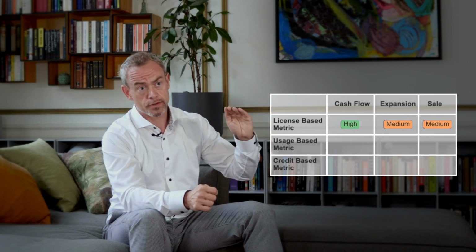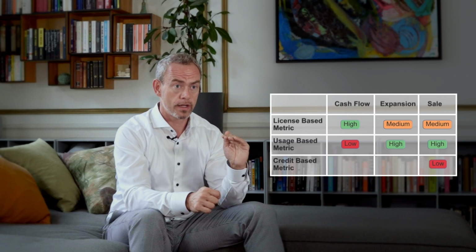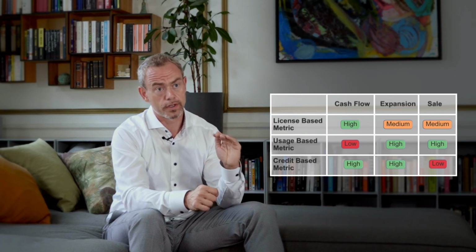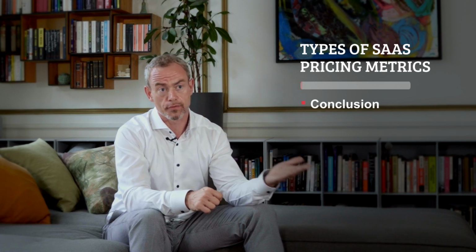Whereas the usage-based metric is really, really strong on the expansion profile, probably really, really strong on the sales profile, and really, really poor on the cash flow profile. Whereas the credit model is really, really weak on the sales profile, but really strong on the last 2, on the expansion profile and on the cash flow profile. So it's just pros and cons for each of them, and you need to figure out what works best for you. But that essentially is the framework.